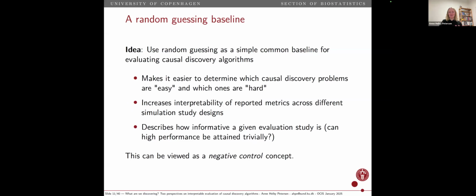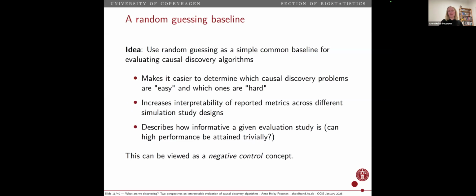And then finally, there's also an element of describing how informative a given evaluation study is. Maybe in some cases, we can trivially attain high performance, and then they're not that interesting for actually understanding whether an algorithm does well or not. I'm going to describe it as a negative control concept.